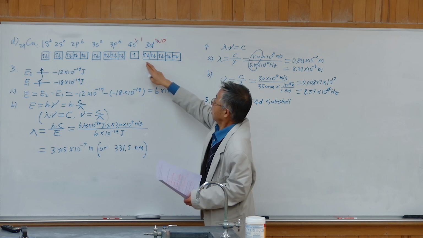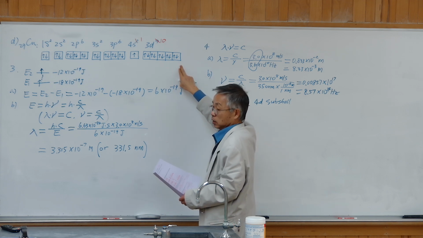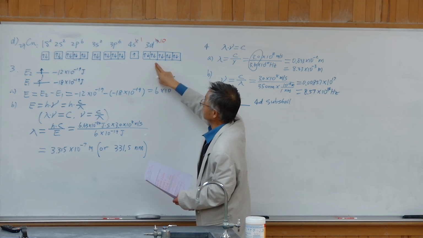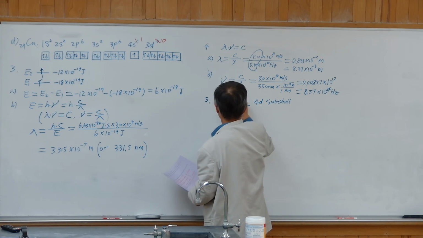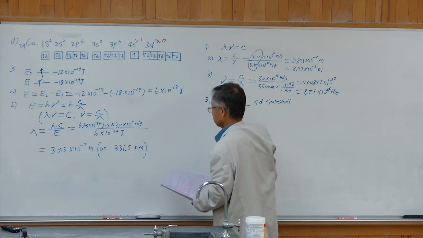D always has 5 orbitals, right? How many electrons can be placed in 5 orbitals? Of course 10, because each orbital can hold 2. Then in total it can hold 10 electrons.